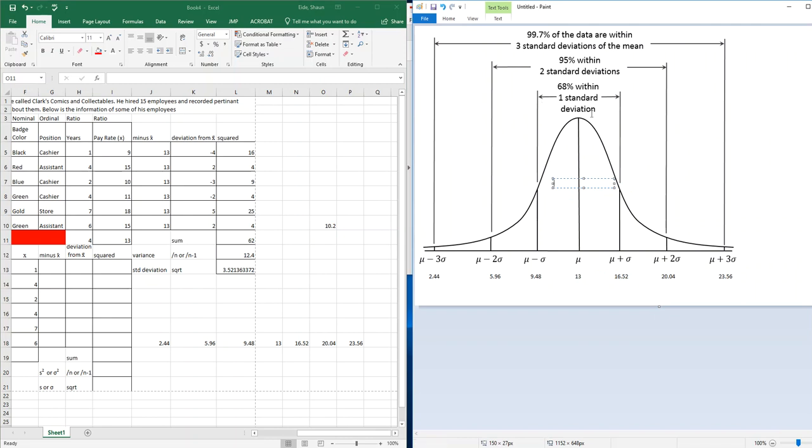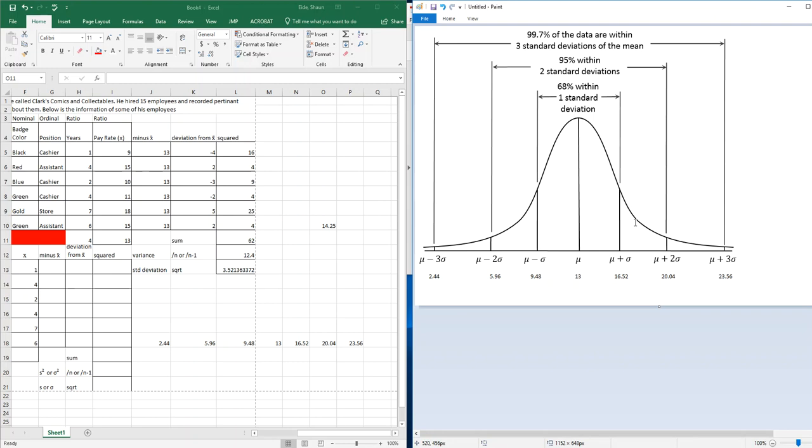Okay, within the 68%. Okay, so we've got 95%, or about 14 people, would be within 2 standard deviations. Okay, 2 standard deviations. So that means they would be getting paid between $5.96 and $20.04.